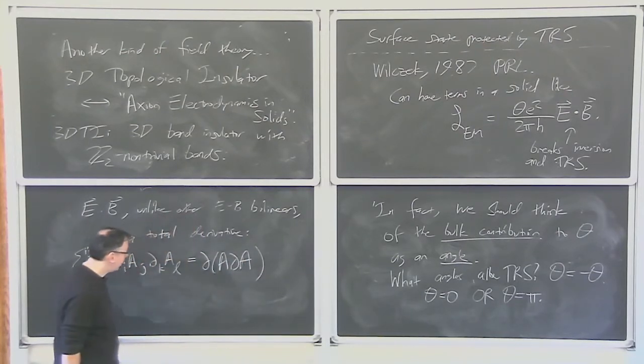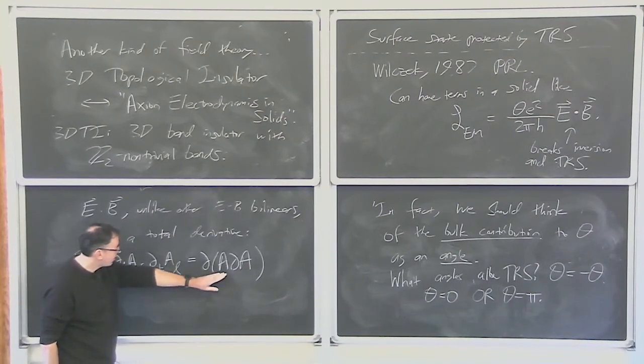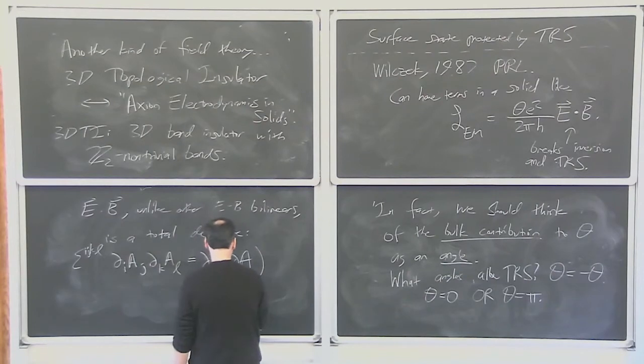And this is the electromagnetic Chern-Simons term that we've already said is related to a quantum Hall effect, or a Hall effect in general.